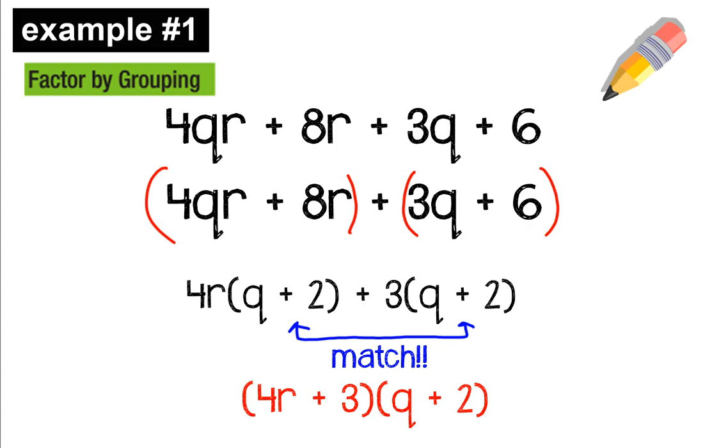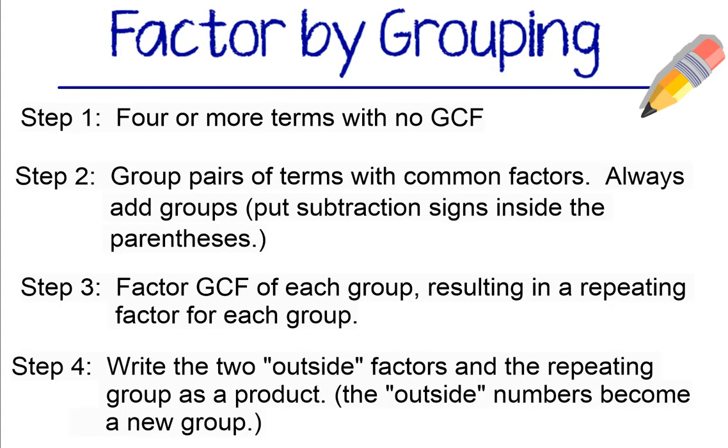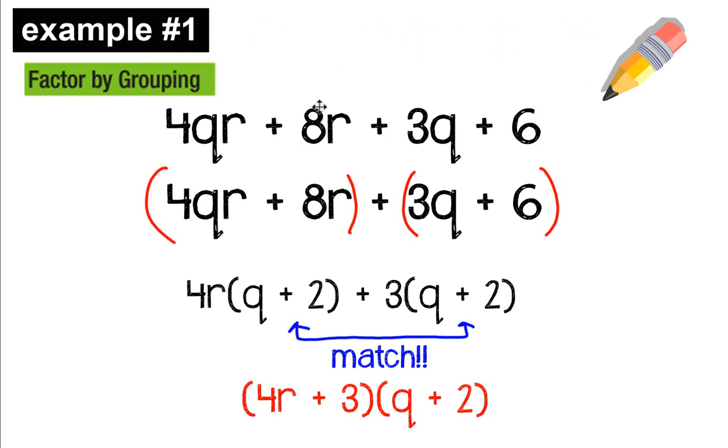So let's start talking about those steps we had in our last screen here, right? 4 or more terms, group pairs of terms with common factors. So we have 4 terms. We created 2 groups. Those 2 groups have common factors. And then our third step was to factor out a GCF. So I factored out a 4 from my first group.